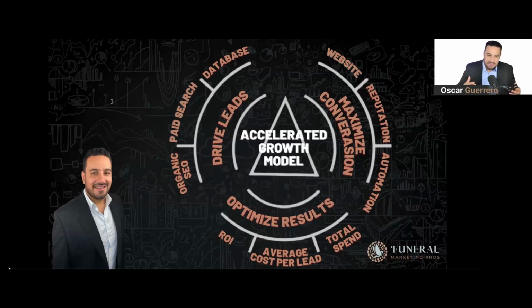It's the types of things that we do on our website, our content, our authority, that helps us drive that organic traffic. In addition to that, we want to drive traffic through paid channels like Google ads, local service ads, Facebook ads, and other advertising channels.